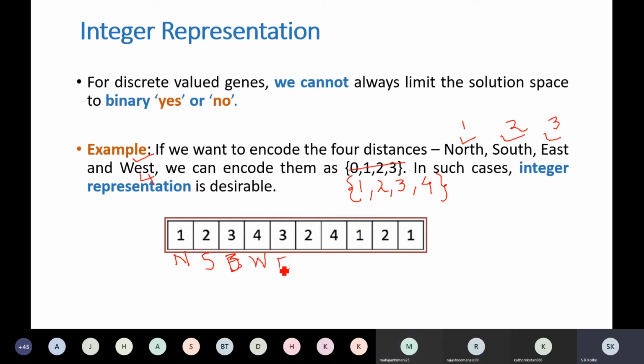Again 3 means this is east direction, this is south, and so on.